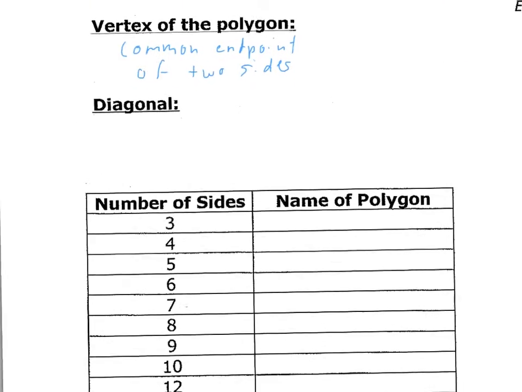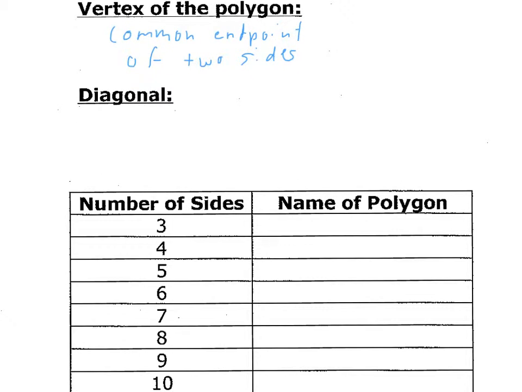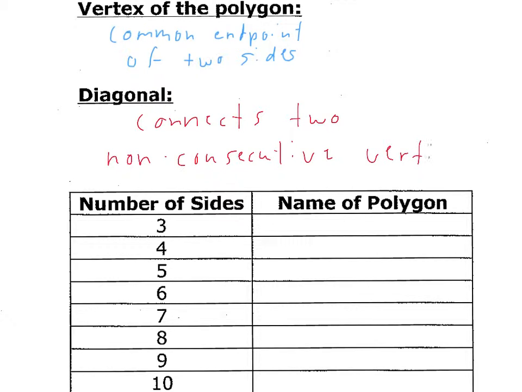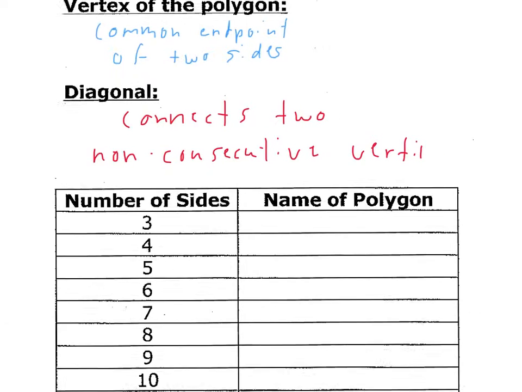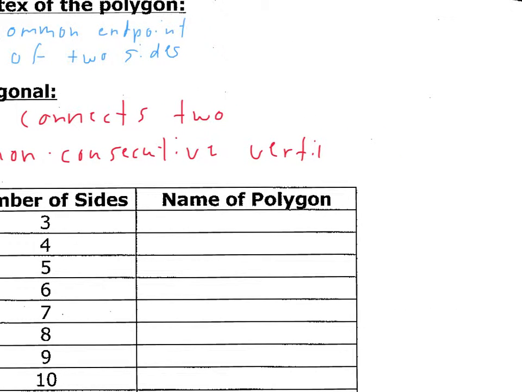Okay, last term you need to know is a diagonal. And a diagonal is a segment that connects two non-consecutive vertices.